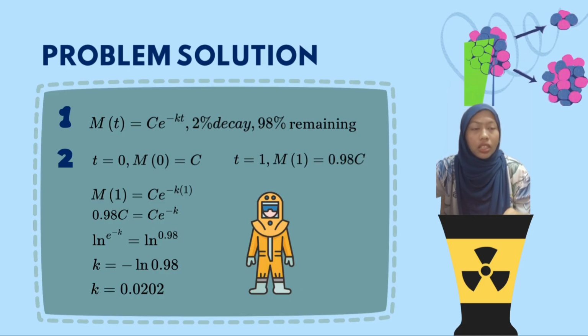Next, we take the natural logarithm on both sides, which is ln of e to the power of negative k equals ln of 0.98, and then we get k equals negative ln 0.98, and the value of k that we got is 0.0202.